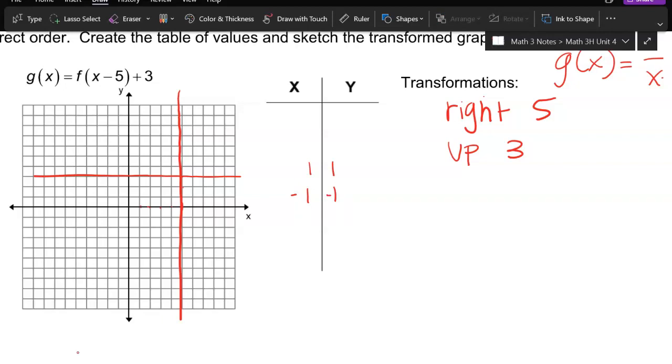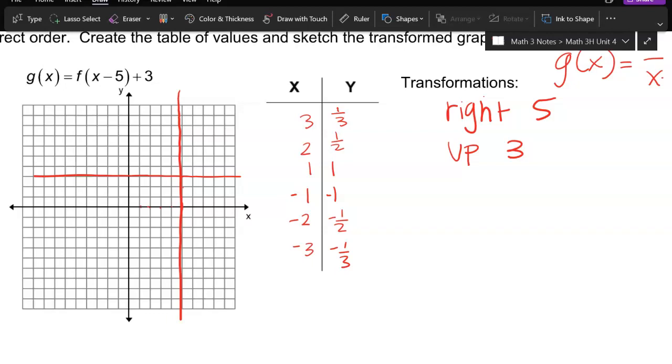Negative 1, negative 1. There we go. All right, and then 2 is going to be 1 over 2. And then 3, 1 over 3. And then same down here, negative 2, negative 1 over 2, negative 3, negative 1 over 3. That's from the parent function.